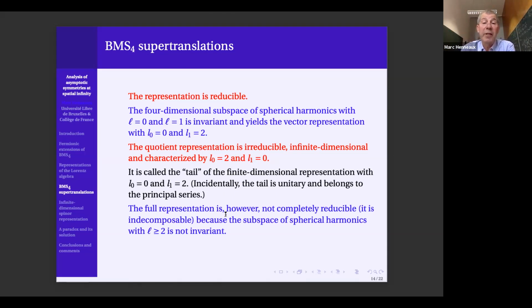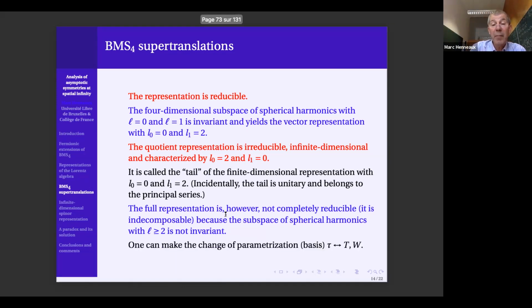Now, the second representation, in the terminology introduced, I think, by Gelfand and Neymark, is called the tail of the finite dimensional representation with L0 equal to 0 and L1 equal to 2. So you see that you just exchange, some kind of duality between the two, and the finite dimensional representation would be the head. We are not going to take the quotient by the infinite dimensional tail. We keep everything, as we know, describing the BMS4 super translations.